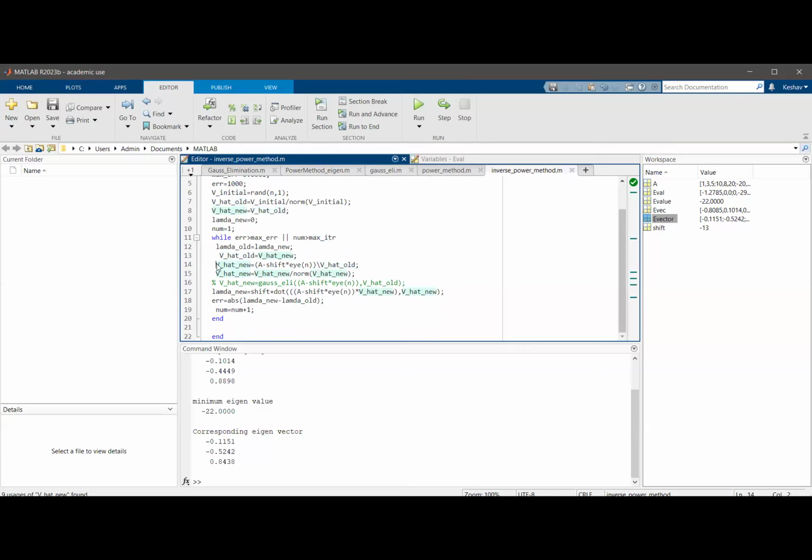Now I will use the function that has been built by the user to solve the system of linear equations.